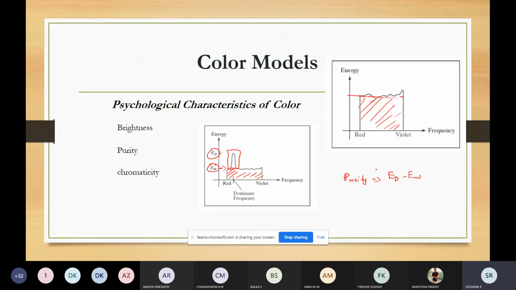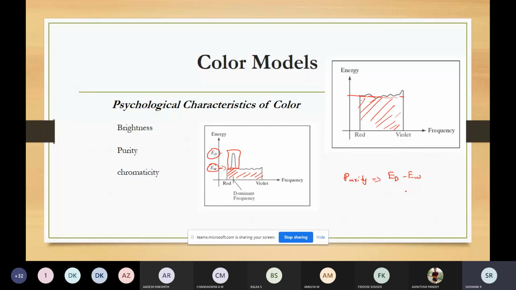You can calculate the brightness as the area under the curve, and the purity as the difference between ED and EW.